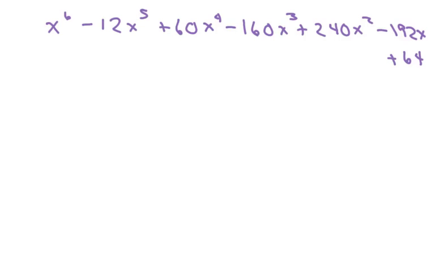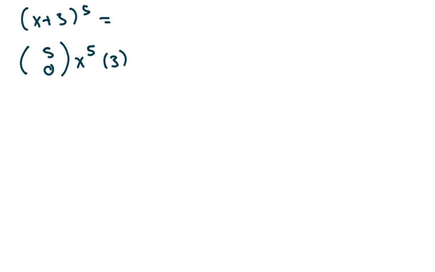Alright, on the last one we have x plus 3 to the fifth. Now, what we're going to write is x to the fifth, 3 to the 0, plus 1 x to the fourth, 3 to the first. You see how we're going down?